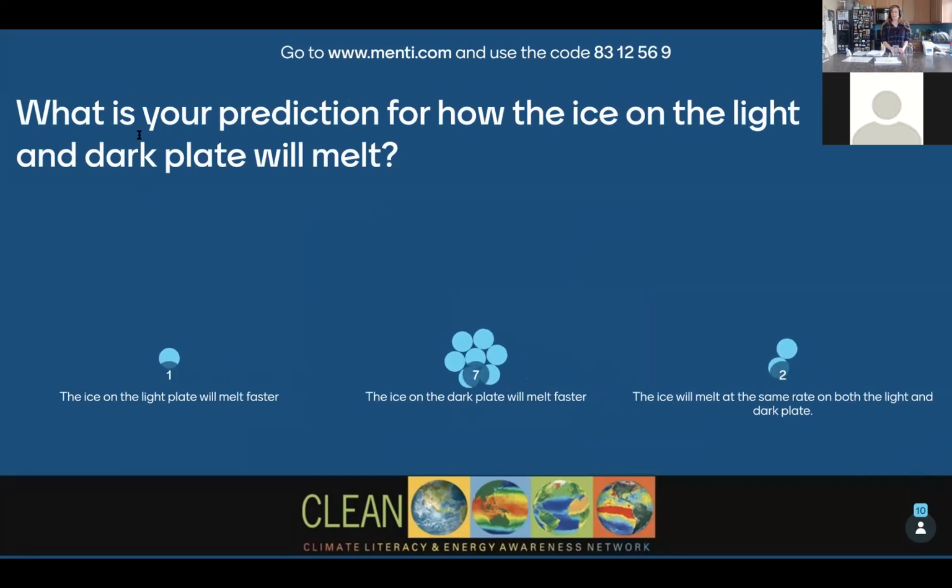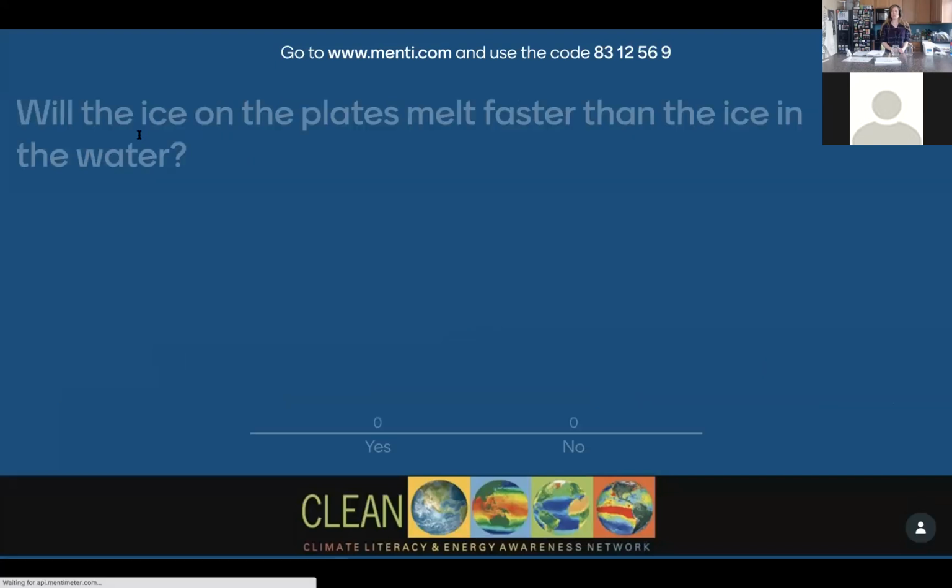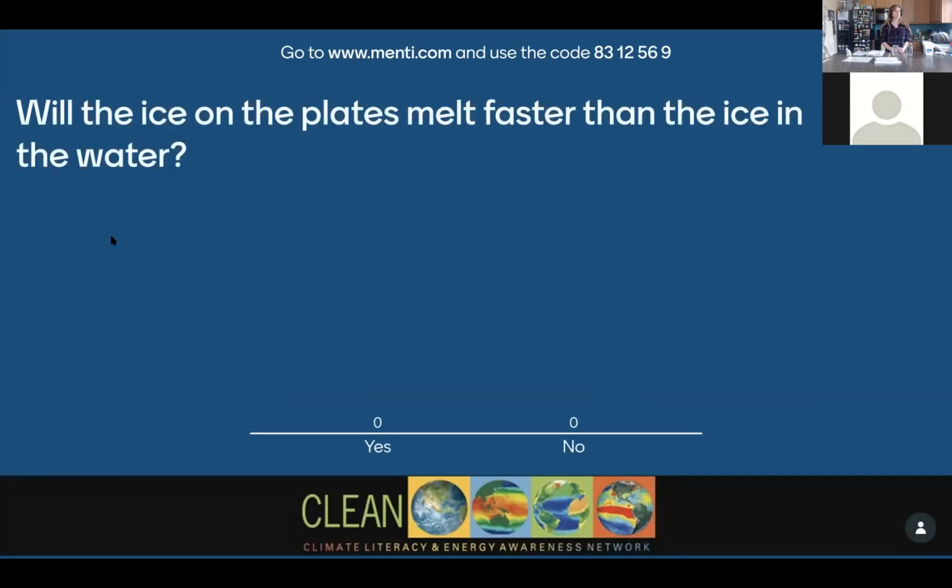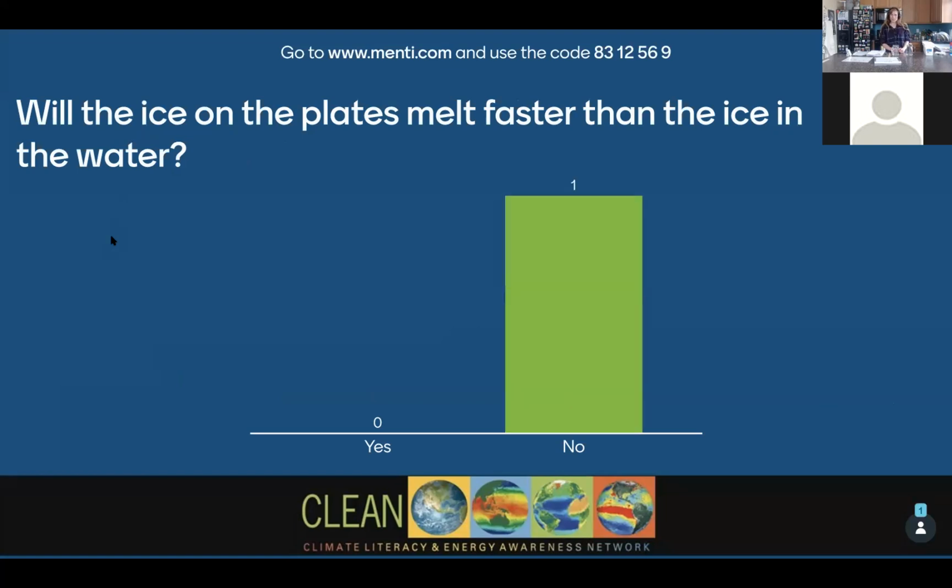And then how do you think the ice on the plate is going to melt when compared to the ice in the water? Is it going to melt faster? Slower? Why do you think it is? What causes those things to happen? Like, what do you think is happening?